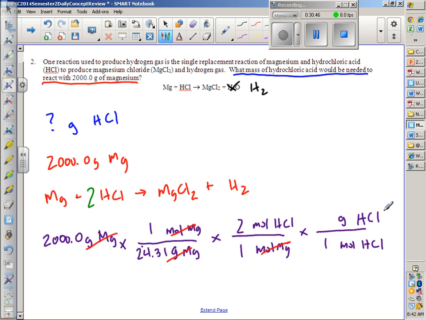Then, formula mass, by adding the average atomic masses of these two things together from the periodic table, and I believe you should get 36.46. And then moles HCl, and we're left with grams of HCl just like we wanted.